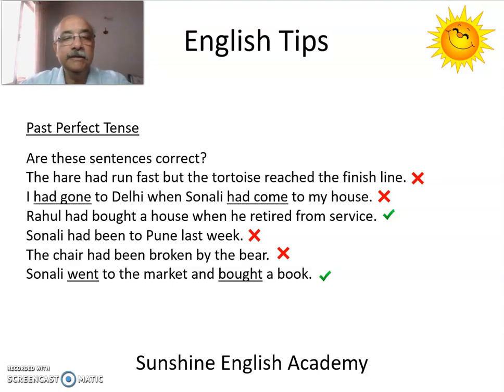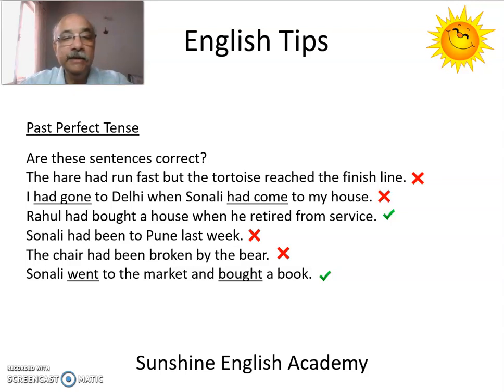The next sentence, the chair had been broken by the bear. Now we use past perfect tense for the passive voice also. This sentence is in the passive voice. But again, this sentence is also incomplete because there is no second action involved.